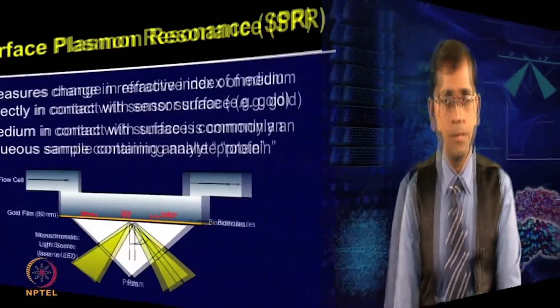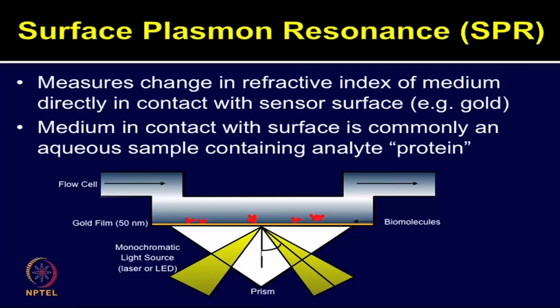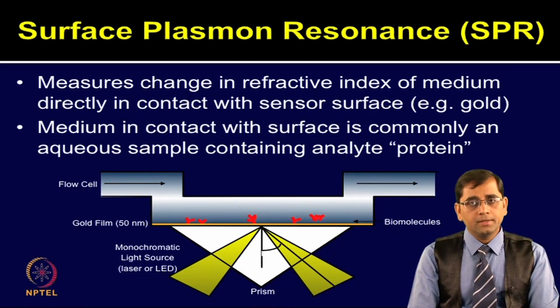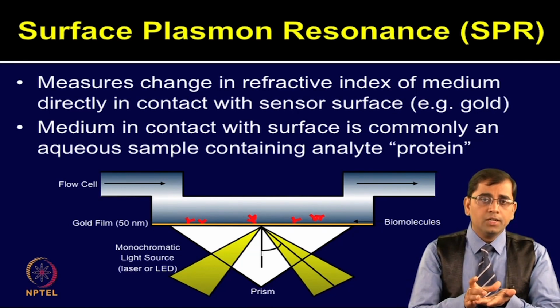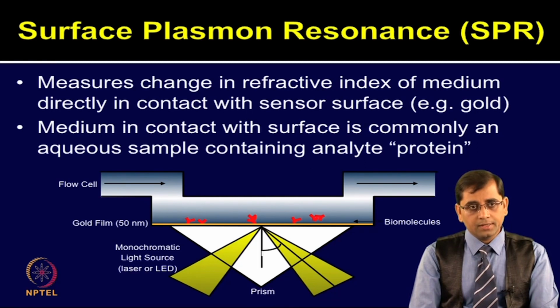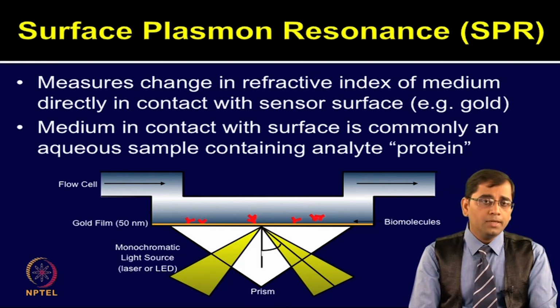So, let us discuss what SPR is. SPR is a surface sensitive spectroscopic method which measures the changes in the refractive index of the medium directly in contact with the sensed surface, and the commonly employed metal is gold.